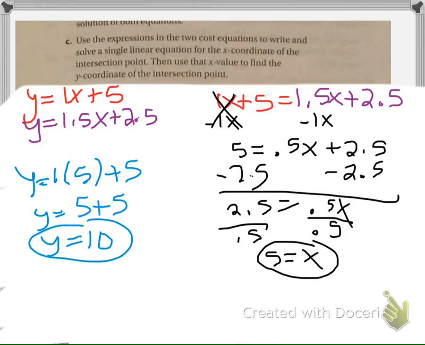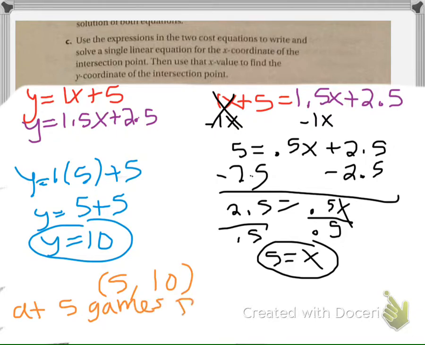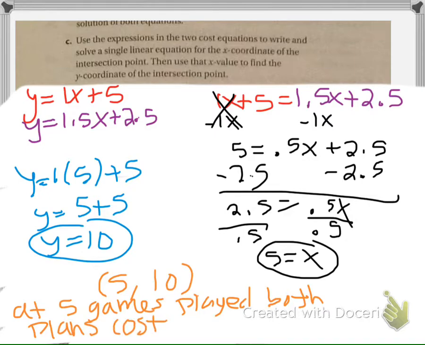So the solution to the system is, I'm going to change colors again, the solution is 5, 10, which means at 5 games played, both plans cost $10.